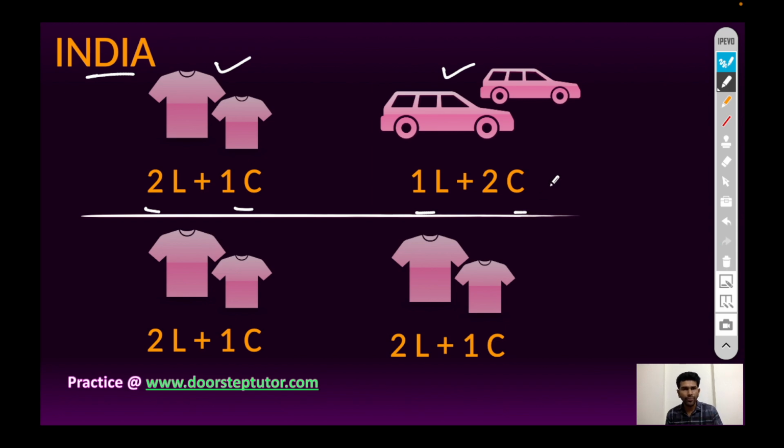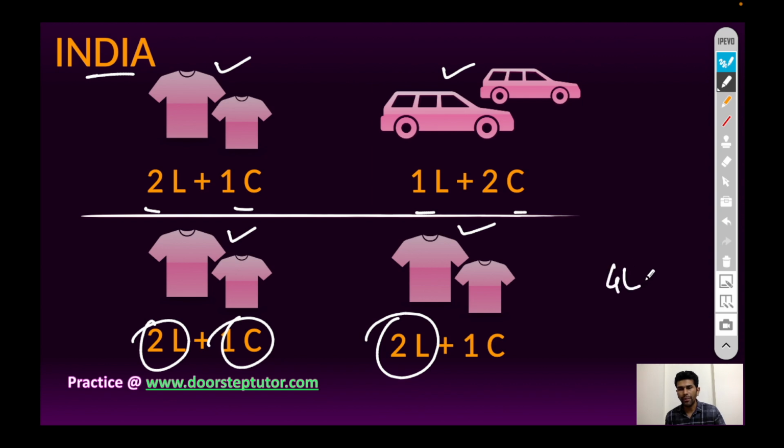But as we know, India is a labor abundant country, so it should produce cloth, that is a labor intensive good, and not produce cars. So if India produces two cloth, it requires 2 plus 2, 4 labor, and 1 plus 1, 2 capital.